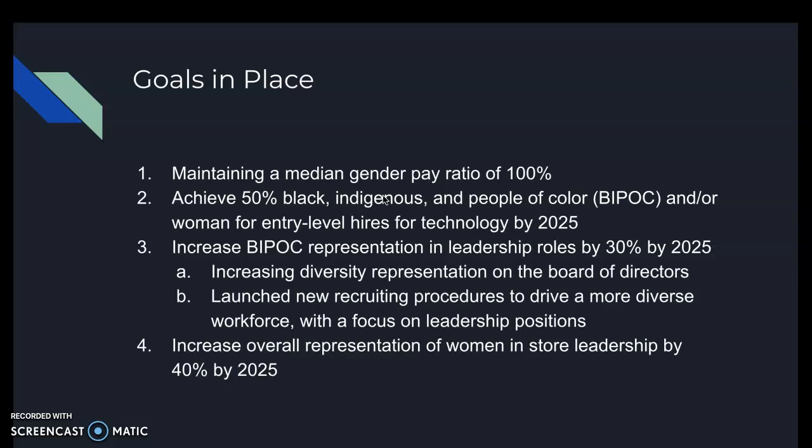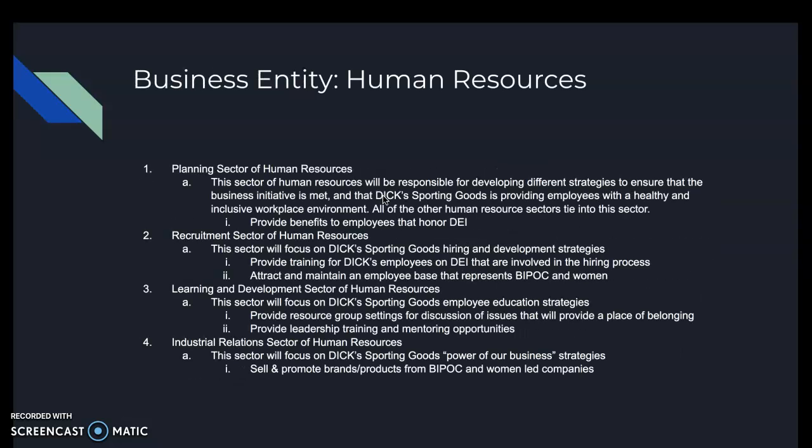We can also increase diversity representation on the board of directors and launch new recruiting procedures to drive a more diverse workplace with a focus on leadership positions. Our fourth one is to increase overall representation of women in store leadership by 40% by 2025.